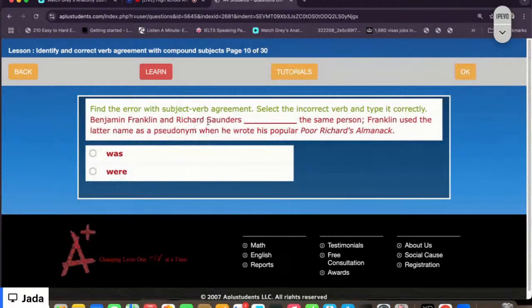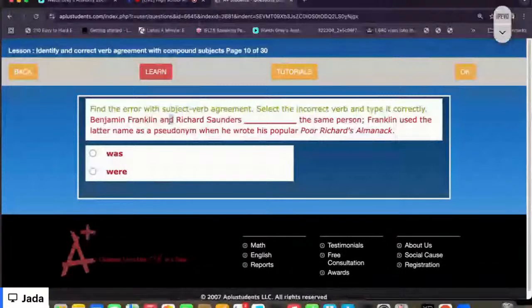Benjamin Franklin and Richard Saunders dash the same person. Franklin used the latter name as a pseudonym when he wrote his popular Poor Richard's Almanac.